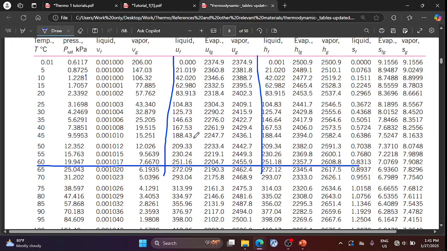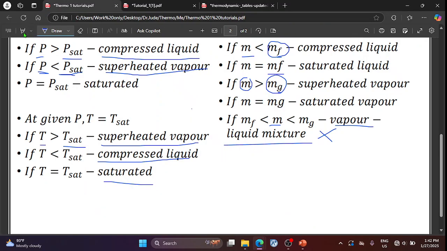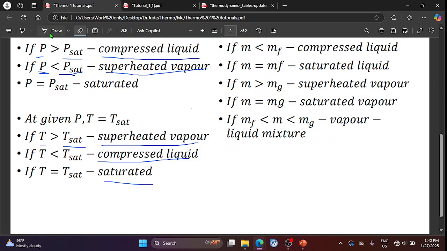If we check it, 2762.4 is above the saturation vapor, right? So it means you're going to be superheated vapor, because we said that if we are above the saturated vapor, then we are superheated vapor. So if our property is above the value for the saturated vapor, then we are superheated vapor.